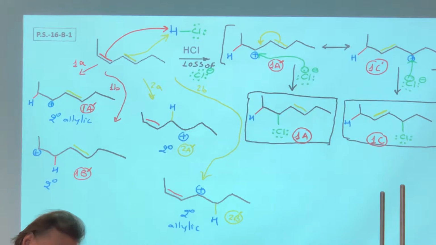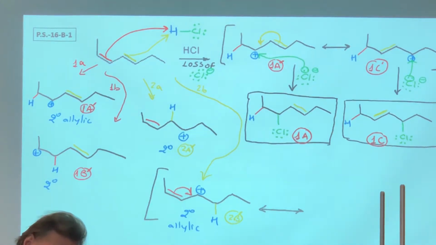All right. So now, which other intermediate are we going to use? 2B, right? So let's work with this 2B over here. Let's make it symmetrical. So here's this 2B. If we do resonance here, how is it going to be? Like this, right?